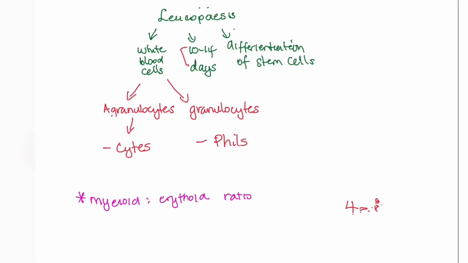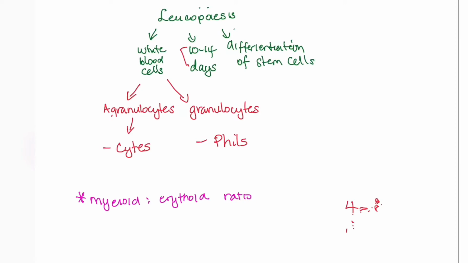Now, what we can say about this process is that it begins with your stem cells, just the same as erythropoiesis, but based on the different growth factors, which we're going to look at further down the video, they are differentiated into white blood cells instead of red blood cells. Now there's also a process for platelets which we will look at in a future video.